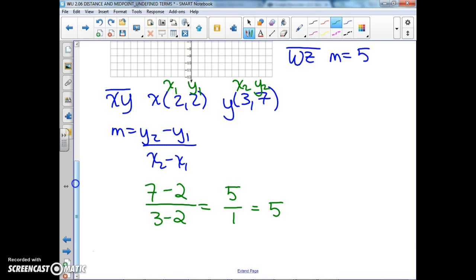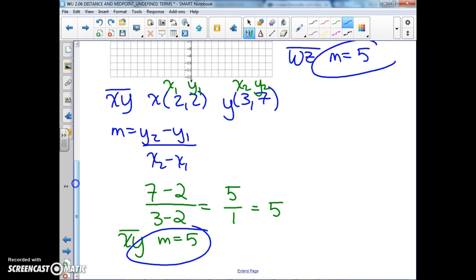So we have the slope of XY is equal to 5 as well. So here we have a slope equaling 5. Here we have another slope equaling 5, so that means that they are parallel. So equal slopes.